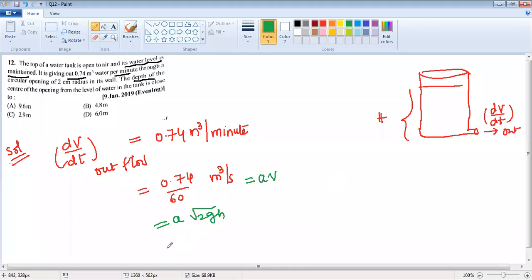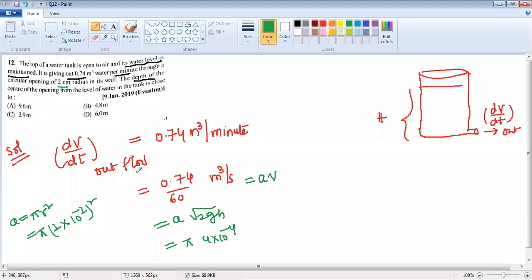So root over 2gh. The area is given: a circular hole is opening with 2 centimeter radius. So that's pi into 2 centimeter, which is 2 into 10 power minus 2 meter, whole square, because the area of a circle is pi r square.